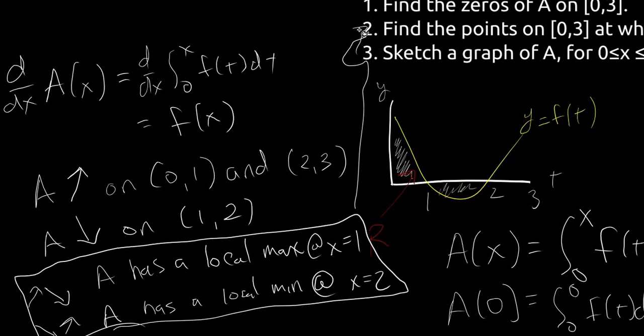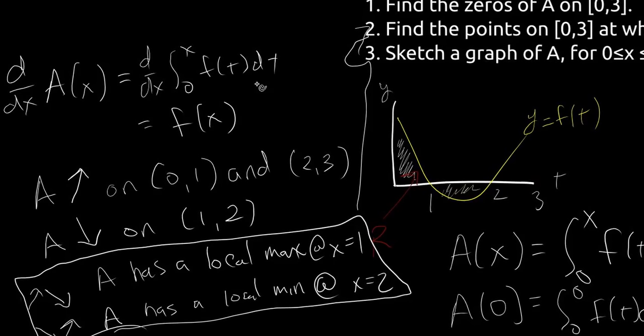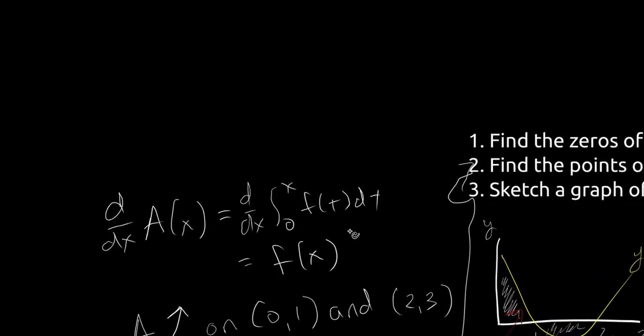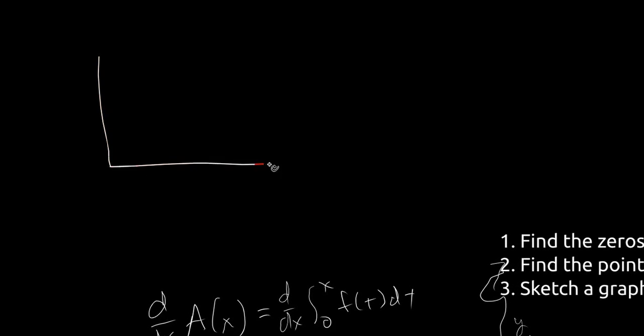So finally we can put our conclusions from 1 and 2 together to sketch this graph of A over this closed interval. So I'm going to copy this axis, same y-axis, although now we're actually having x as our independent variable. And that's just the name of the game when you have area functions.